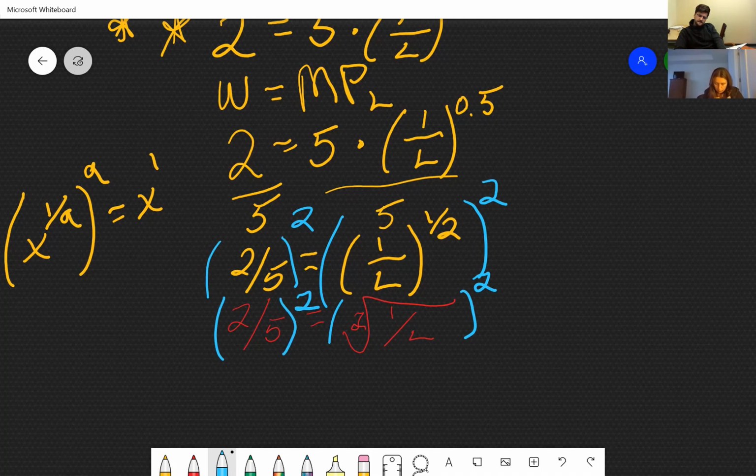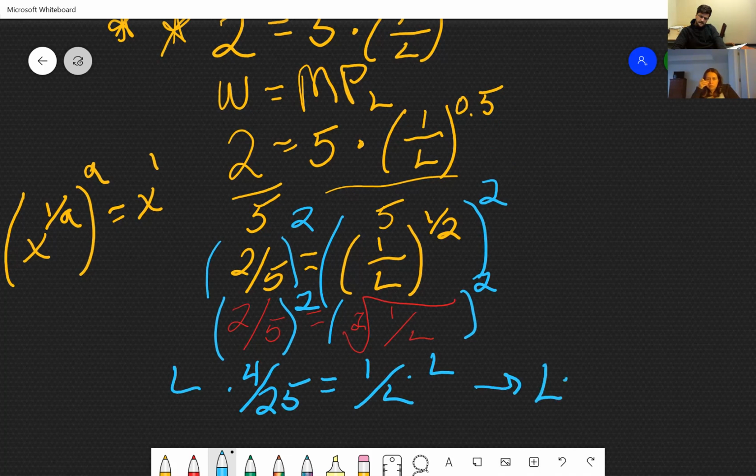Squaring this is kind of easy. You just square both terms in the fraction. So it's 4 over 25 is equal to 1 over L. And then from here, it's just a matter of flipping everything over, right? So we can multiply both sides by L. We end up with L times 4 over 25 is equal to 1.